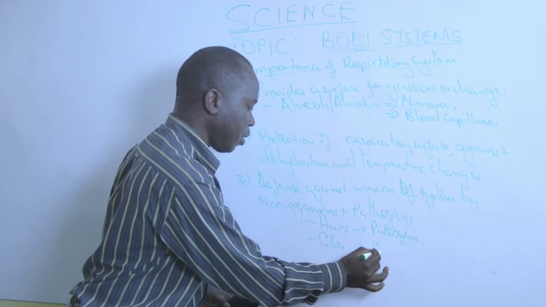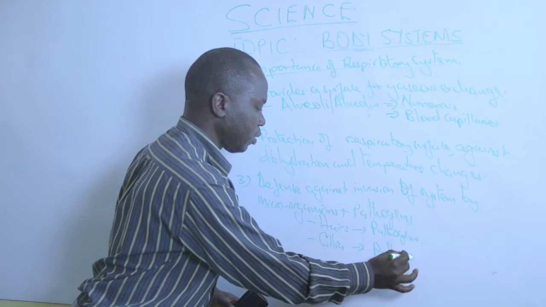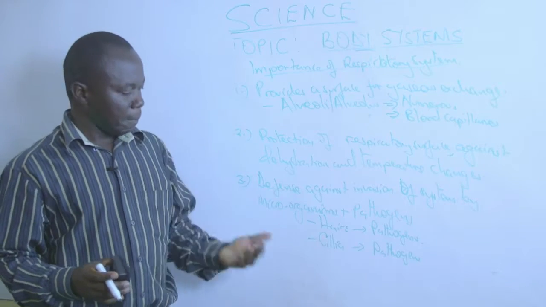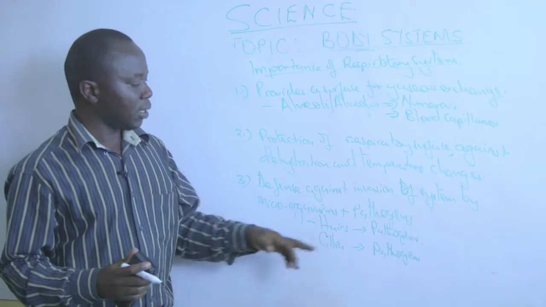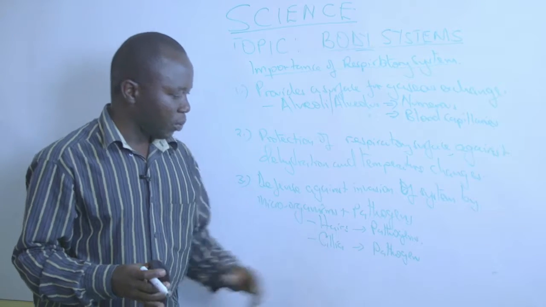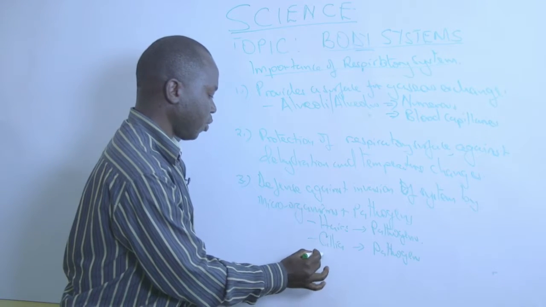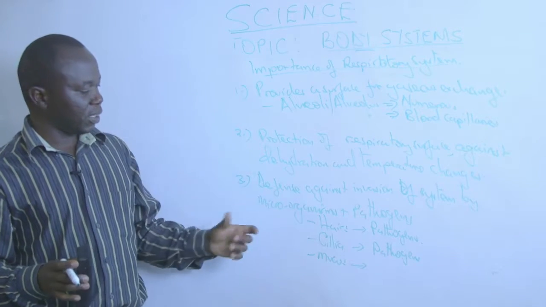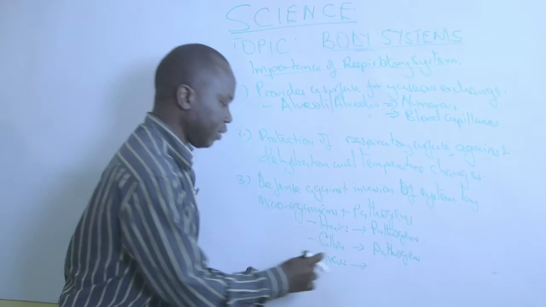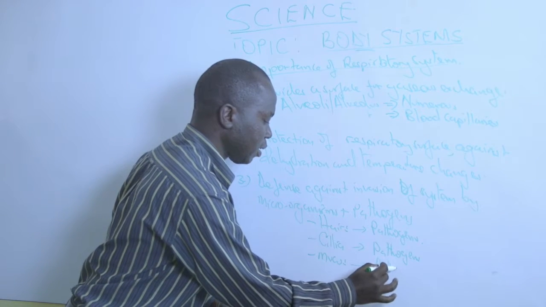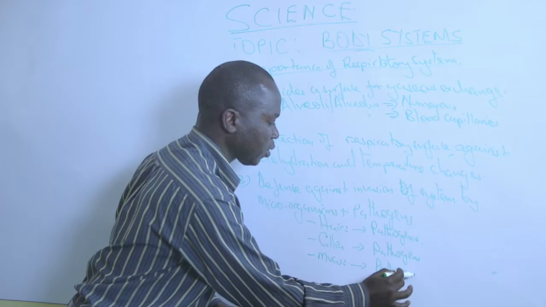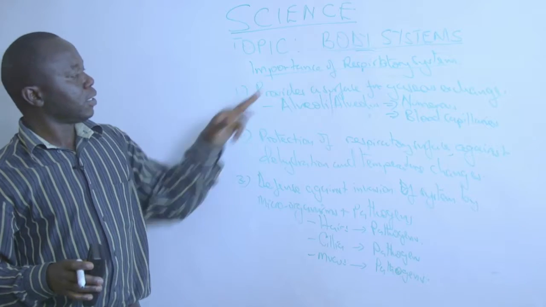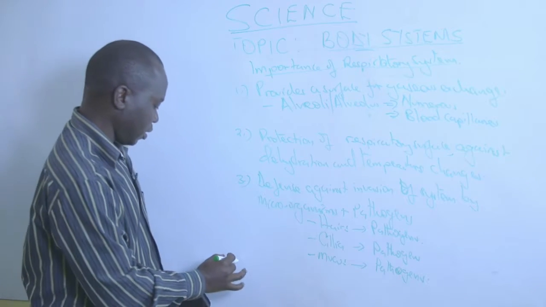Again, they trap pathogens, so that when you cough out, cilia will propel the pathogens together with mucus. And then we talked of mucus. Mucus in the nasal cavity and in the trachea is for the same purpose, trapping dust particles together with pathogens. So that is how this importance is achieved.